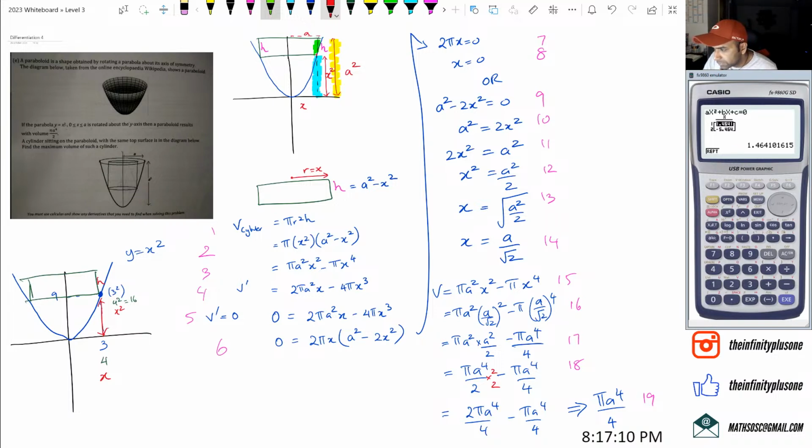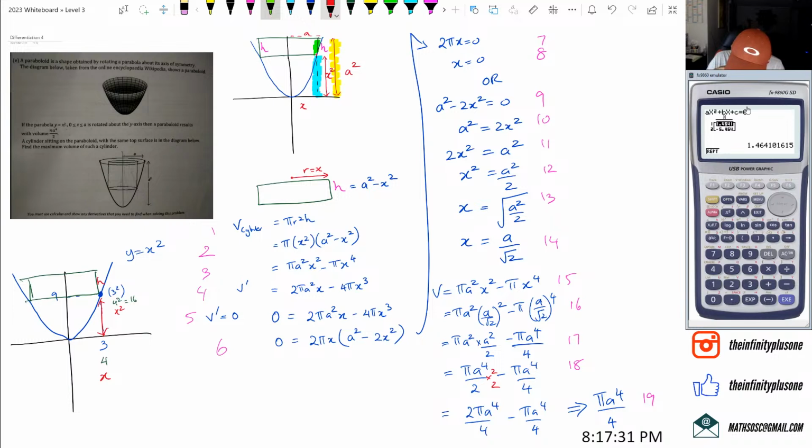Let me just, okay, you guys have a look at that. I'll just try and show you guys how the demo actually works. y is equal to x squared, x equals a, y equals x squared.